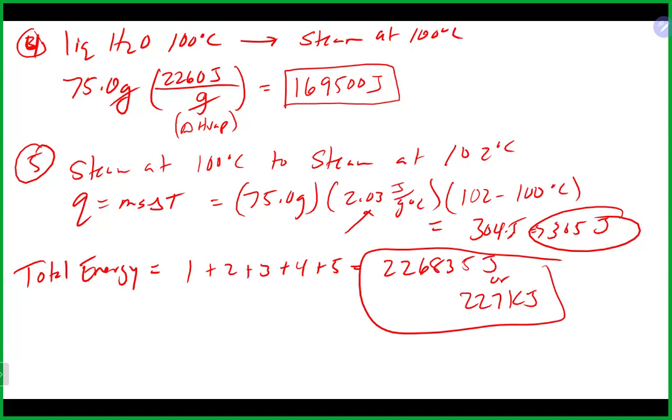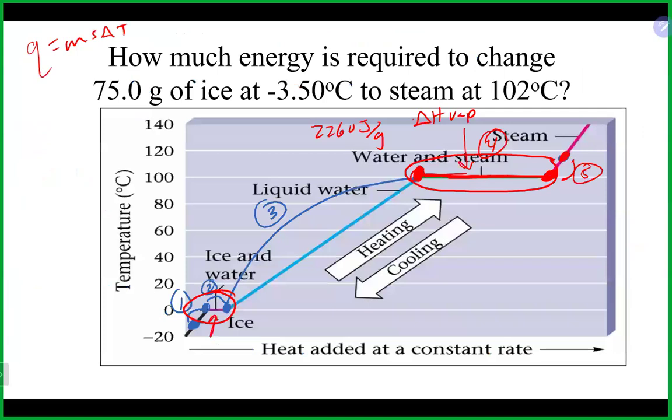So this problem is, again, because we have those phase changes, we have to incorporate them into the calculation. But again, the reminder is if you visually look at the graph and what's going on, anywhere where you're keeping the same temperature and you flatline in terms of the temperature, but you are changing phases, that's your delta H of vaporization or your delta H fusion, heat of fusion.